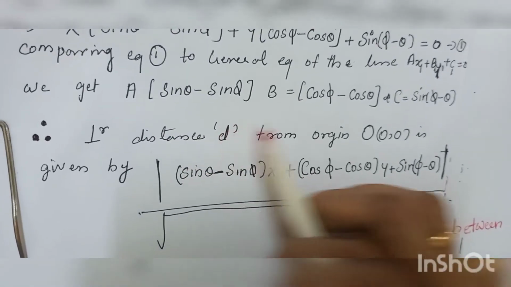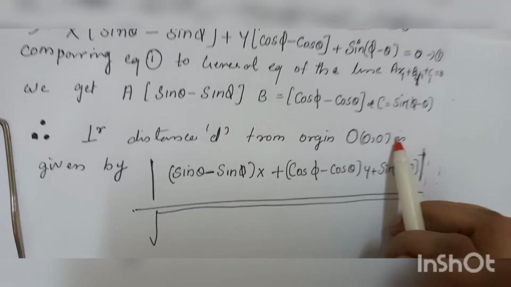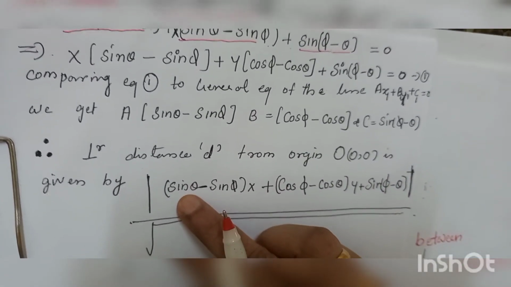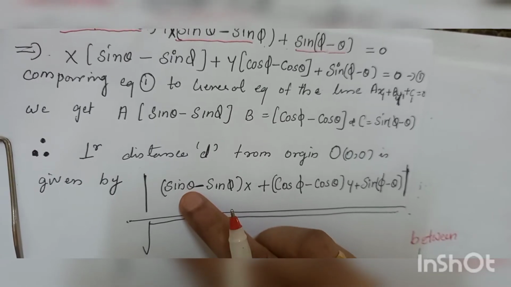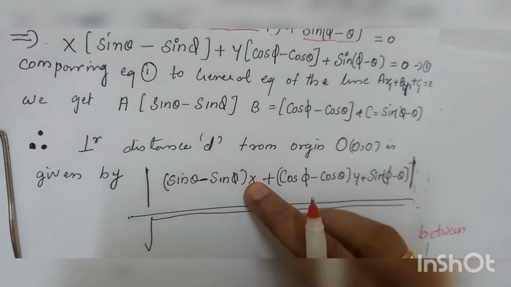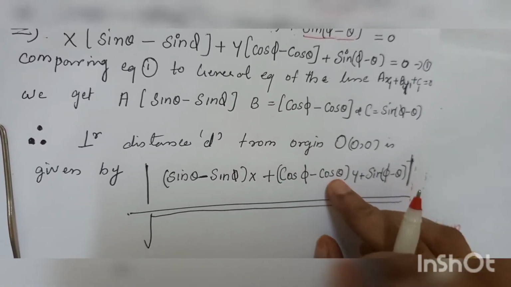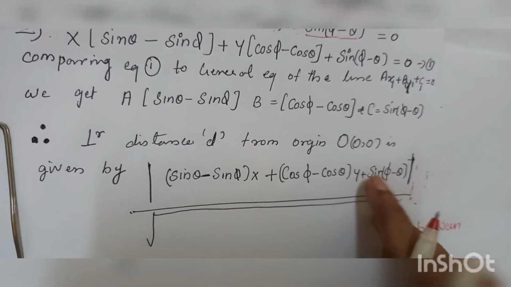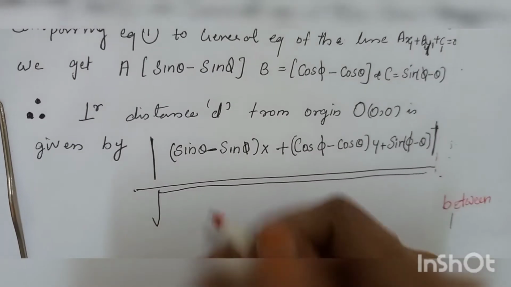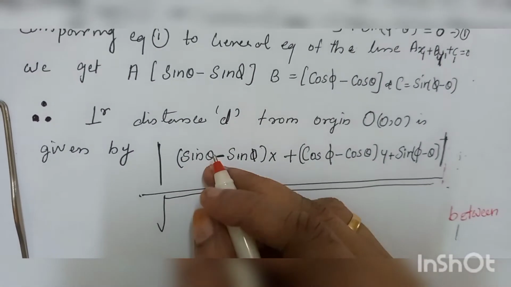Perpendicular distance d from origin 0, 0 is given by, we can write sin theta minus sin phi in bracket x plus cos phi minus cos theta y plus sin phi minus theta. Okay, so this whole divided by root of what?